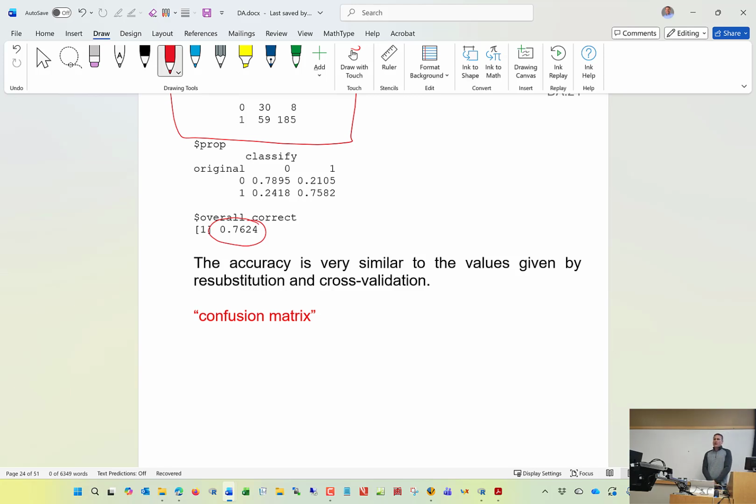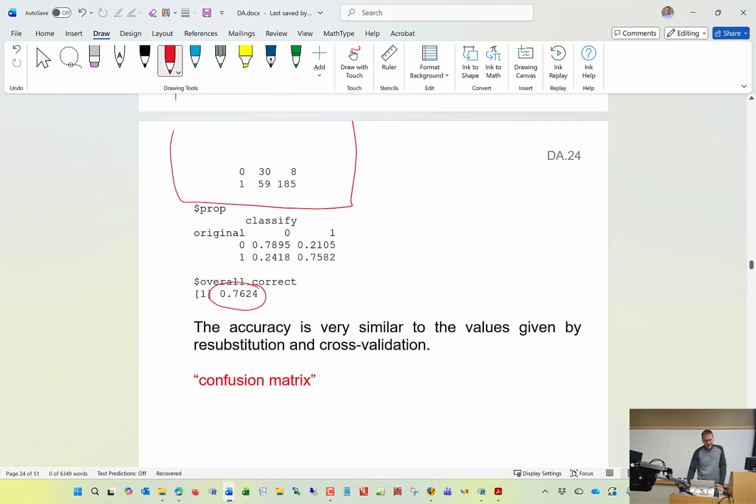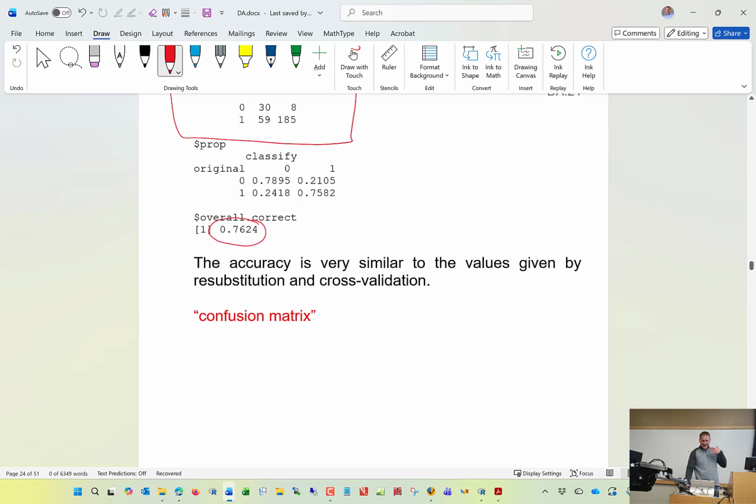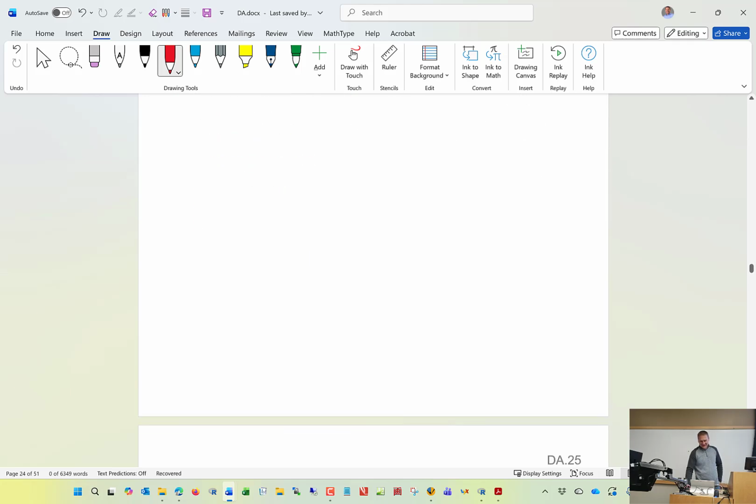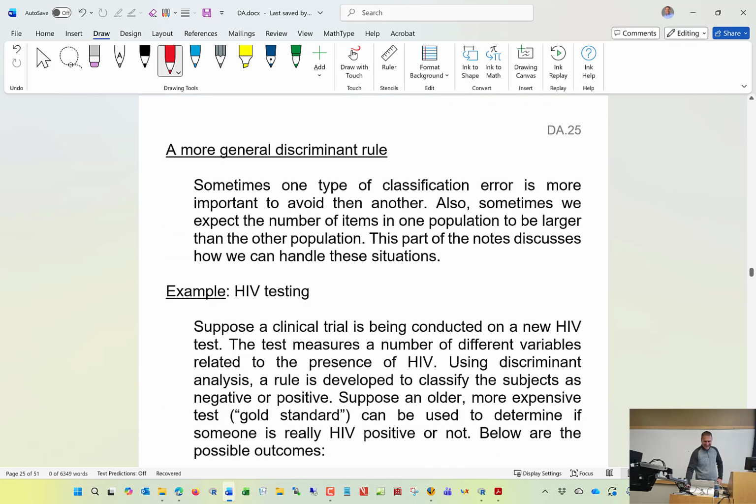And so they call this a confusion matrix. So if you ever see that name, that's where it comes from. I remember the first time I heard that name, I thought, you've got to be kidding me. Why do you need to name it that? It's just a classification table. Okay.